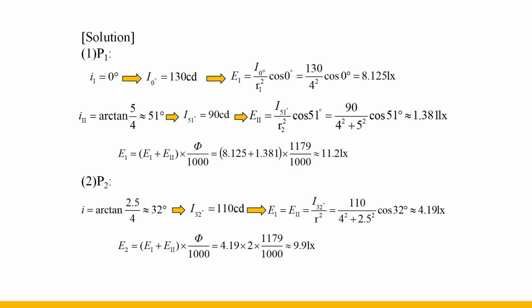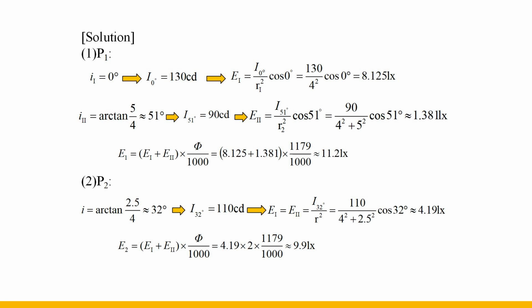The angle I formed by the normal of point P1 and the light of lamp 2 is about 51 degrees, using the Pythagorean theorem. And the luminous intensity is 90 candela from the photometric curve. R2 is the hypotenuse of the right triangle, and E2 is found to be equal to 1.381 lux.